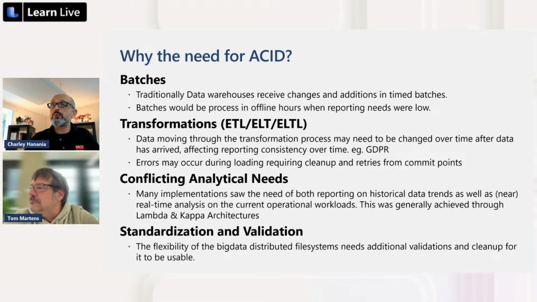They would also be used for aggregations and complex queries used later on for your analytics workloads. These batches would be processed generally offline because of the resources needed, and because it would be very hard to do these sort of things while other people are using the system. So batches were generally done in larger batches rather than smaller, granular batches.